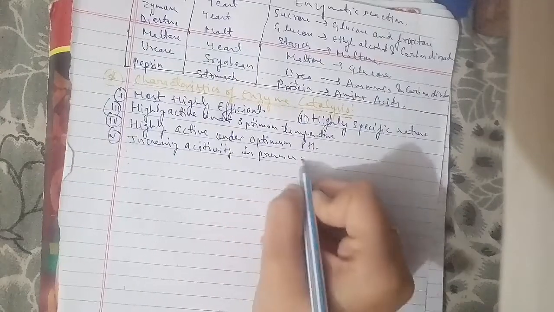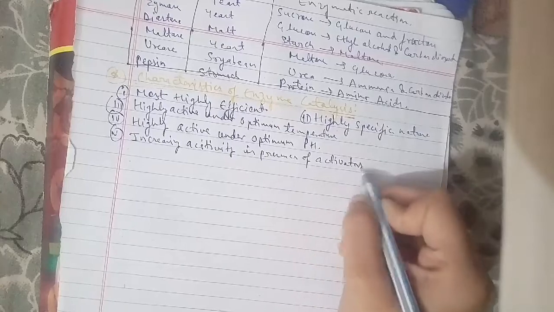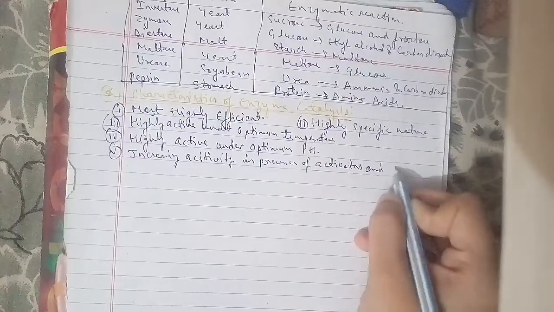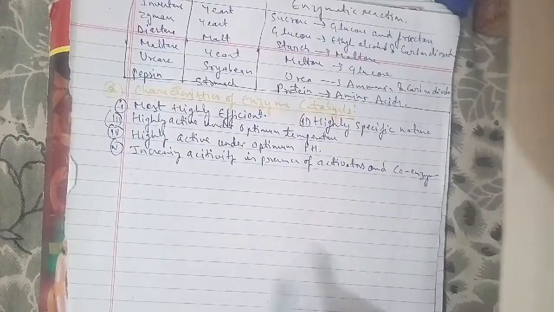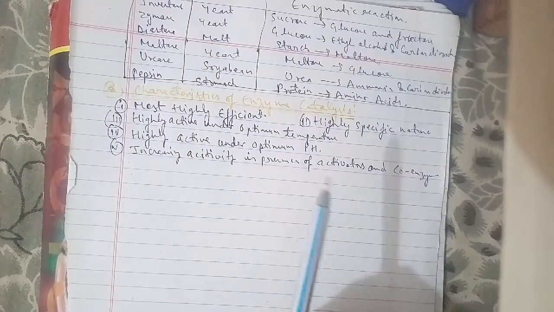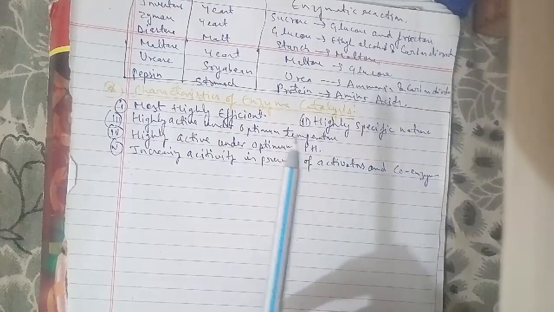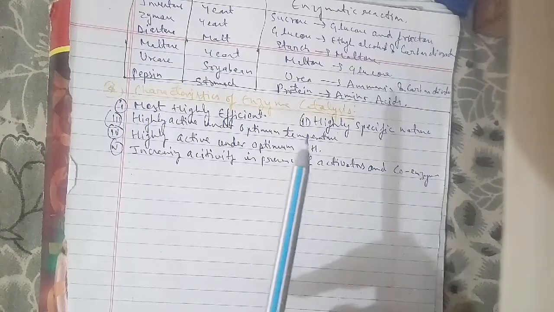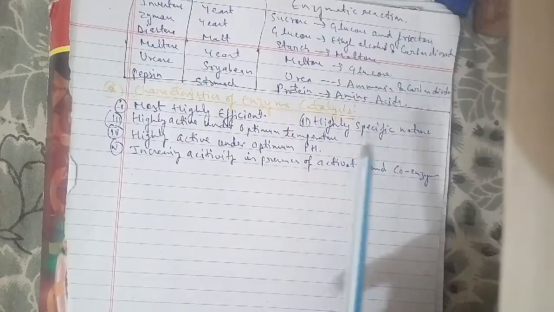The sixth one is the influence of inhibitors and poisons.